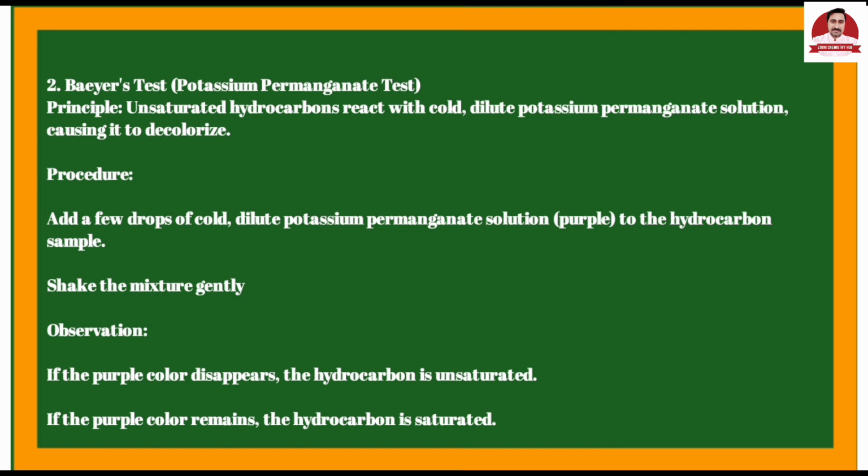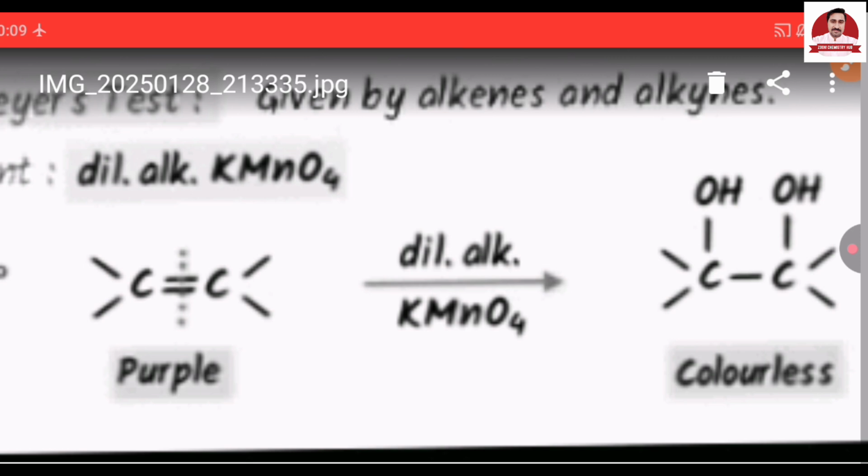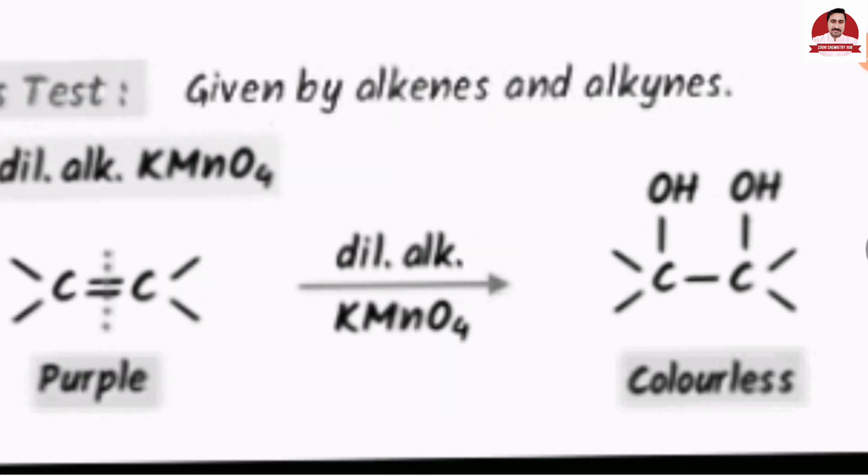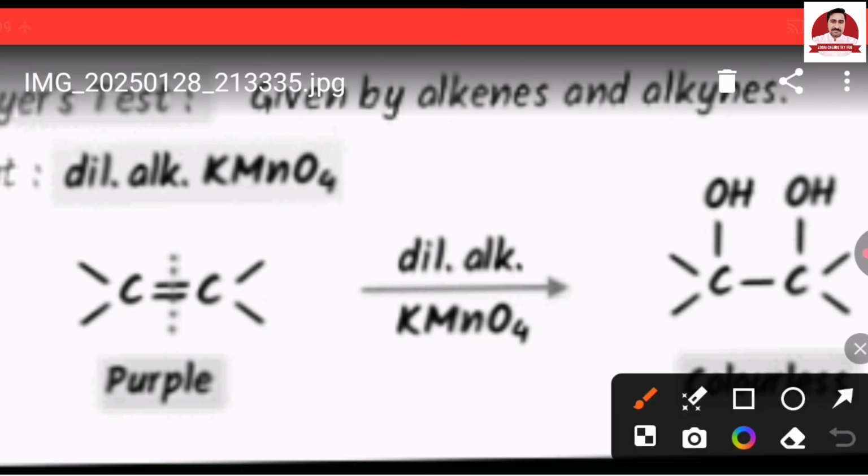The next test to distinguish saturated and unsaturated hydrocarbons is the Baeyer test. In the Baeyer test we take potassium permanganate and make an acidified aqueous solution of potassium permanganate. Then the acidified KMnO4 reacts with alkene, and it breaks the bond between the carbon atoms.